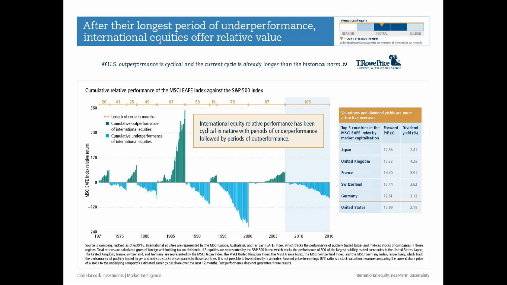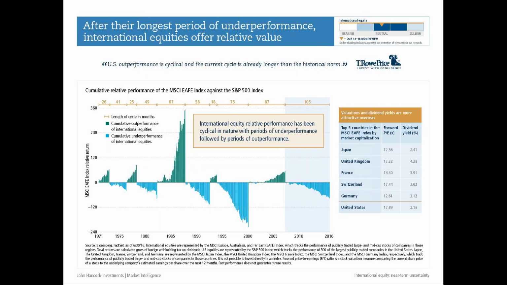And what you can see is after that period, in this cycle, international stocks are underperforming again. Eventually, that's going to reverse. So it's just something to think about, that markets move in cycles, and we're seeing international stocks underperform, which would suggest that at some point they're bound to outperform.